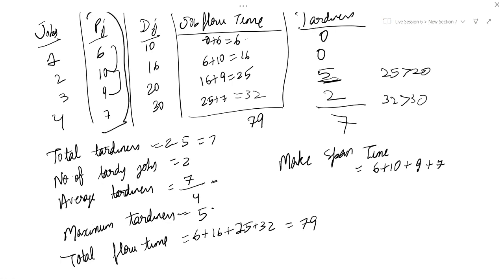Just add up all the processing time, equal to 32. This is the make span time.